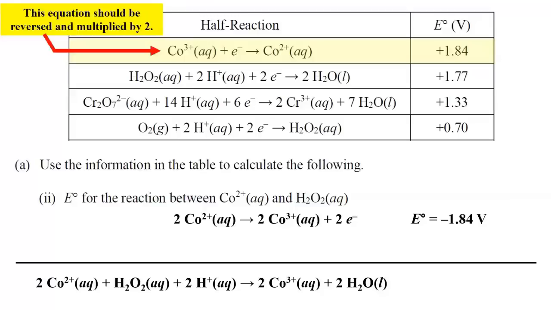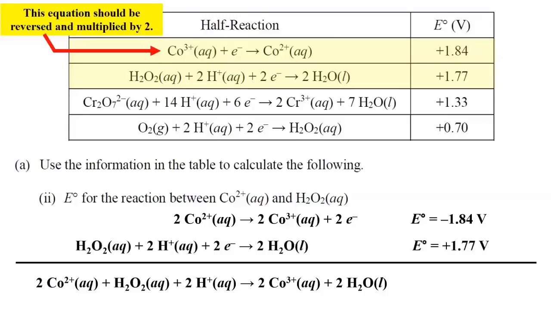And I'm looking for hydrogen peroxide as a reactant. I'd also like to see liquid water as a product, so I'm going to pick the second half reaction. It has exactly what I want, which is 1 mole of H2O2 on the left as a reactant, so that is not going to be changed at all. So that cell potential remains unchanged as positive 1.77 volts.